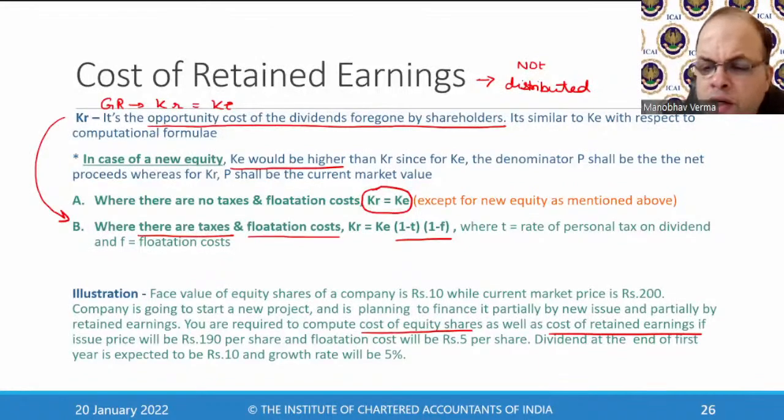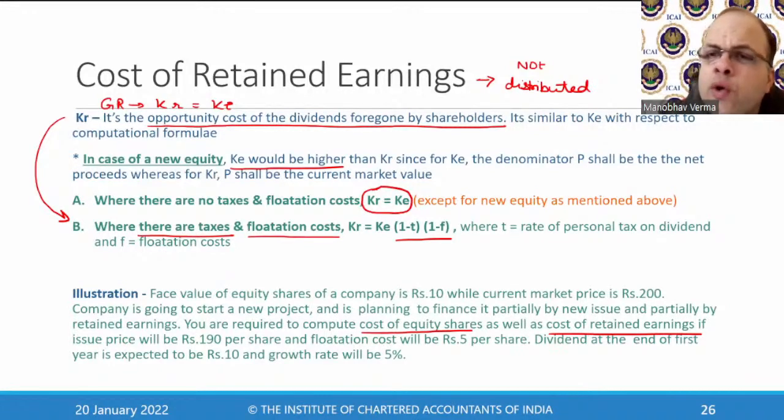Which model should we apply? Should we apply an earnings price approach, realized yield, Gordon's growth approach? Okay, Khushi says that we will be applying a growth approach here.